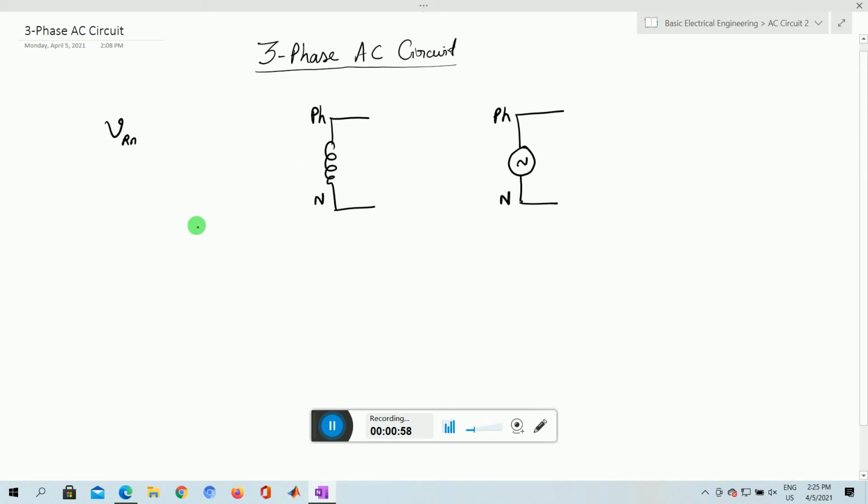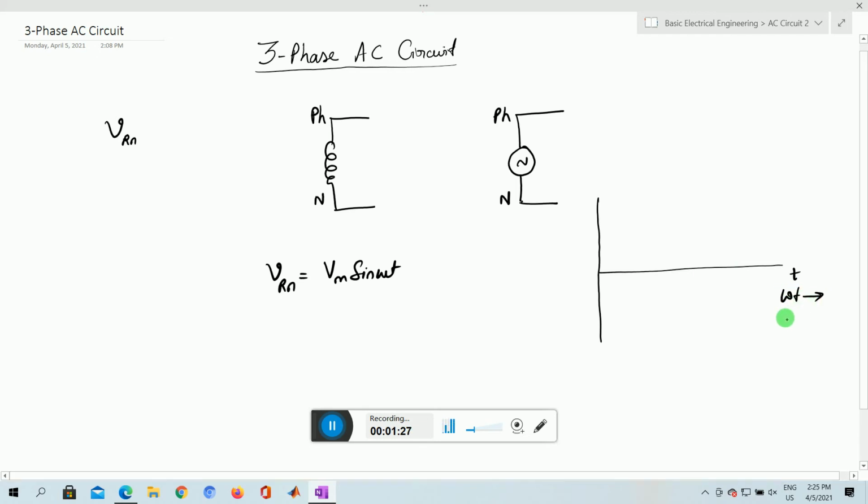Now, when we write the equation of VRN, it has a peak value Vm, this is an instantaneous value, small v, it has a peak value Vm, sine of omega t. This can be easily drawn in the x and y axis, where we can represent the x axis as time, or in terms of omega t, or in terms of theta.